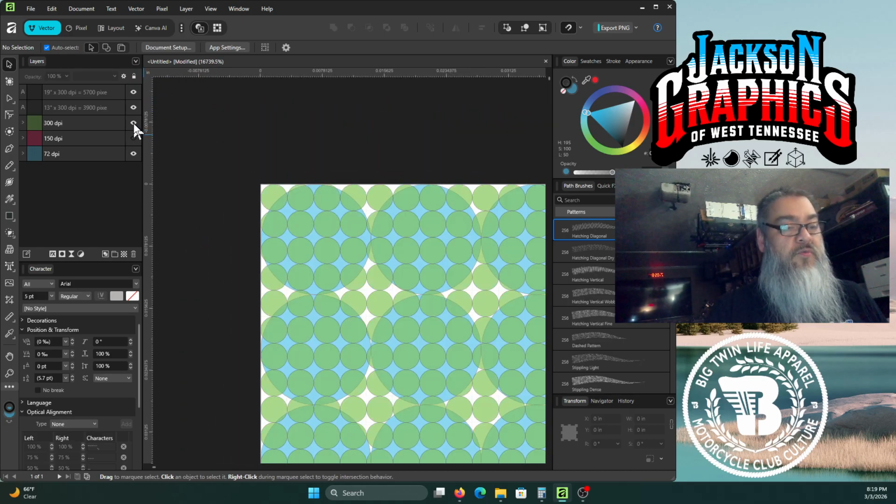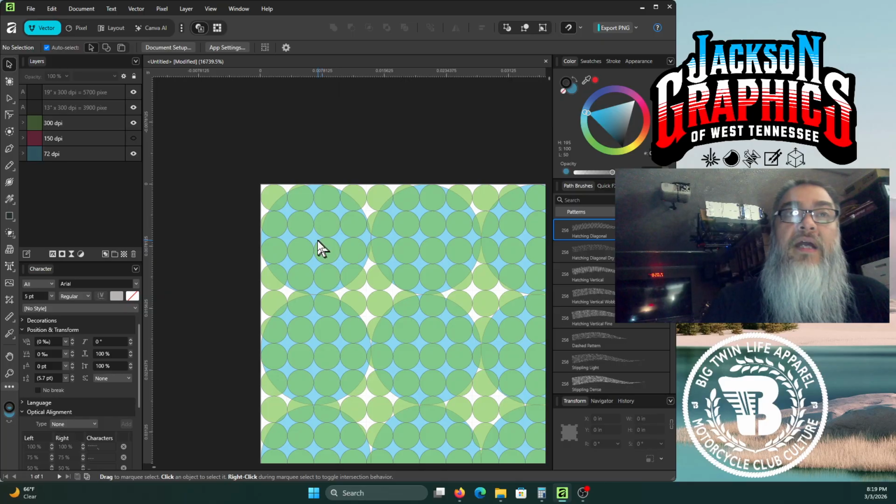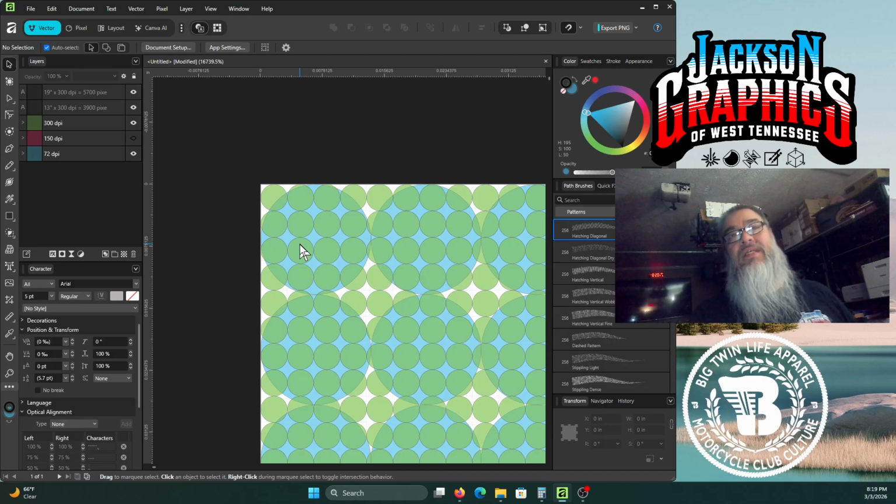There are now about 16 dots for every 1 dot of 72 when I'm looking at a 300 DPI image. So there's 16 times more information being thrown into that same dot size as a 72 DPI.